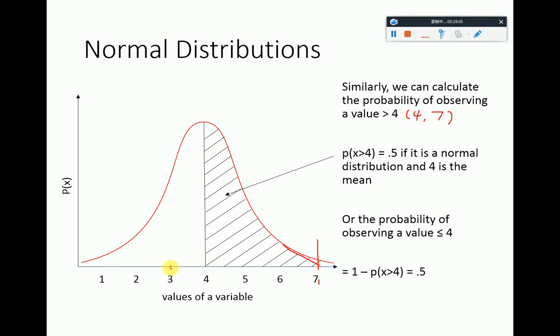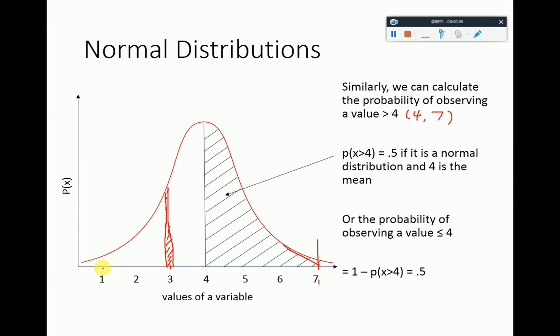So let's say 3 is here. To find out the probability of observing 3 under this distribution, we just specify a very narrow band that will contain 3, and then calculate the area of this band. So the area of this band will be roughly the probability of observing 3.